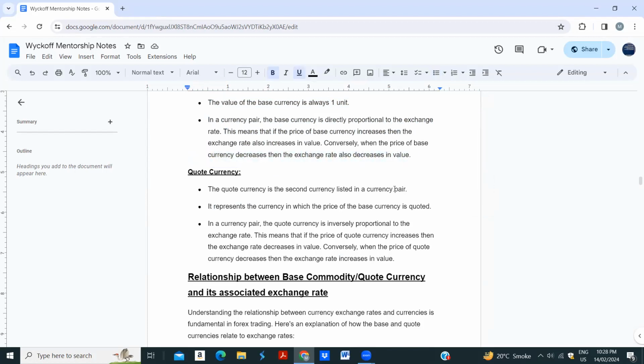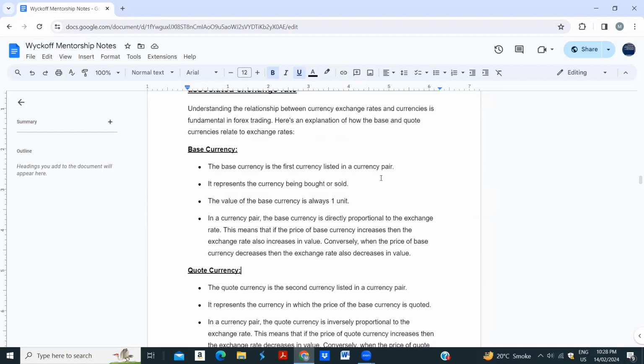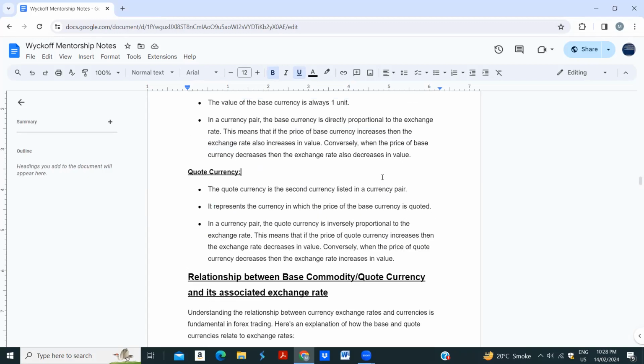So we must keep in mind that the base currency is always directly proportional to the exchange rate. So what does directly proportional mean? It means that when the price of the base currency increases, then the price of the exchange rate will also increase. And the quote currency is the second currency listed in a currency pair.